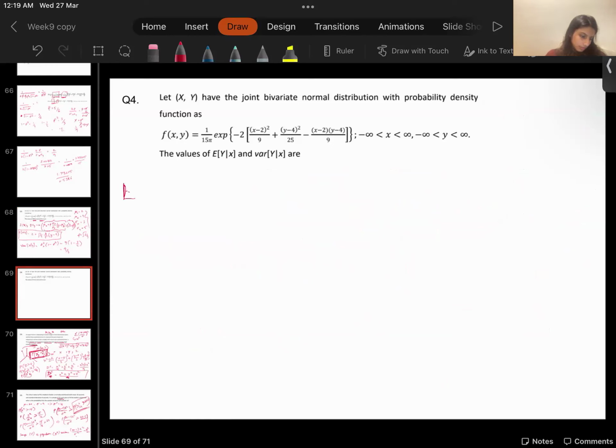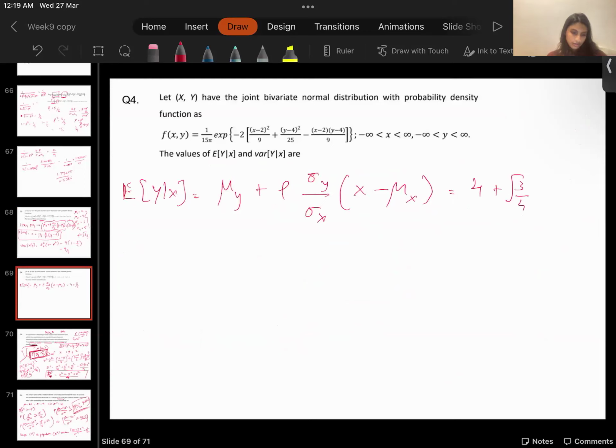So E of y given x would be mu y plus rho of sigma y by sigma x into x minus mu x. Here we have all these values. Mu y was 4, so 4 plus square root of 3 by 4 into 5 by 3 into x minus 2.